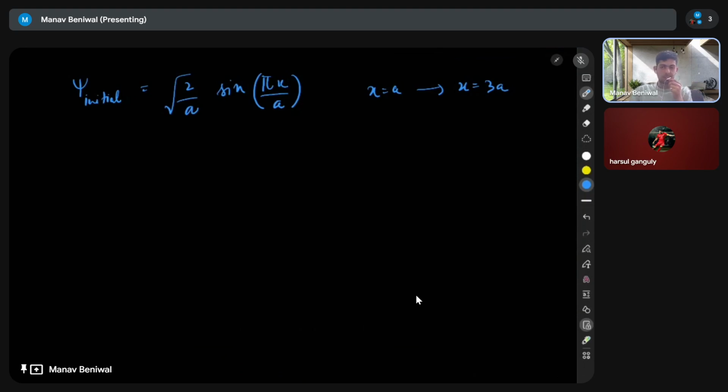So the wave function needs some time to relax. So immediately at just the very next instant, 0 plus, our wave function remains identical.